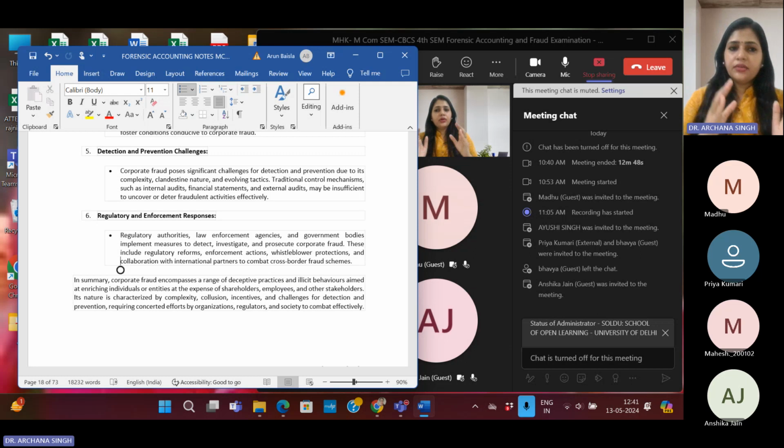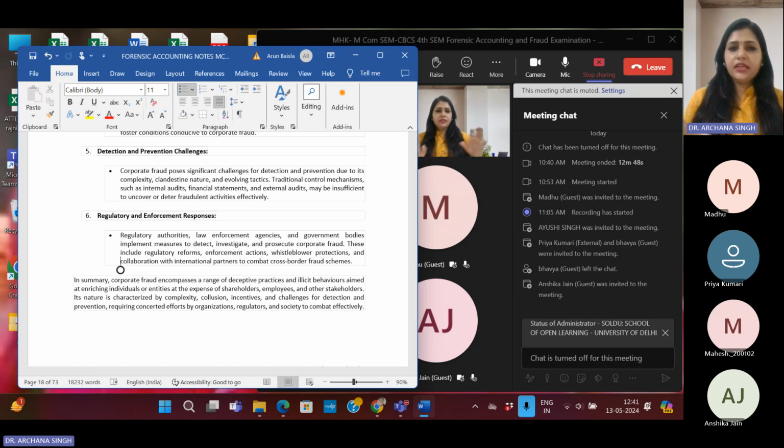So in regulatory and enforcement responses, regulatory authorities, law enforcement agencies, and government bodies should all implement sufficient measures to identify, investigate, and prosecute corporate fraud.